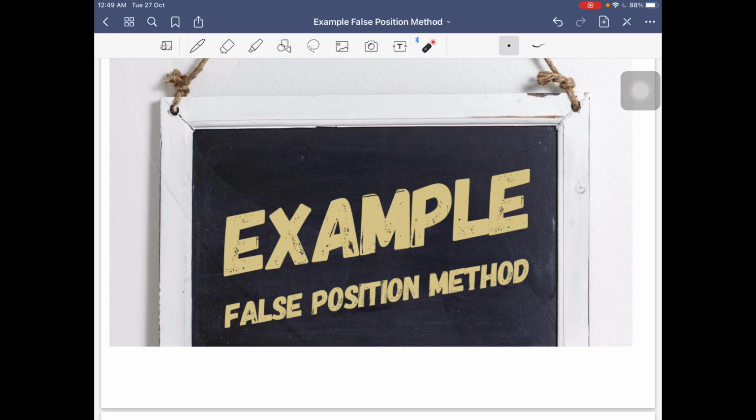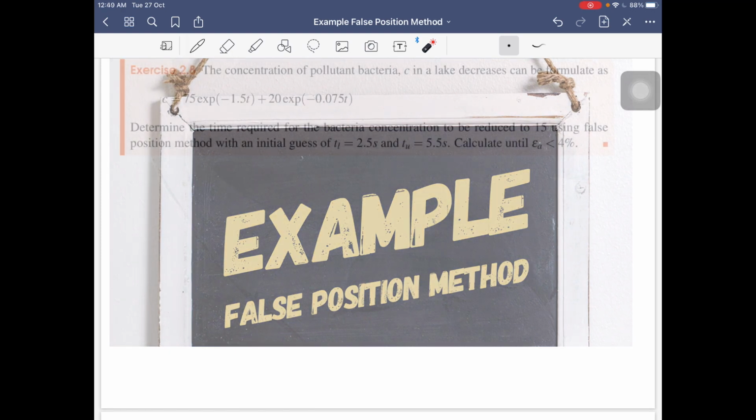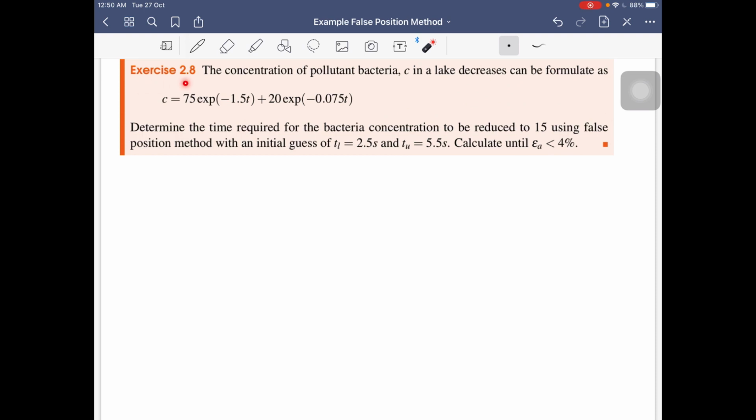So let's discuss one example on false position methods. Exercise 2.8. The concentration of pollutant bacteria denoted by C in a lake decreases and can be formulated as C equal to 75e^(-1.5t) plus 20e^(-0.075t).